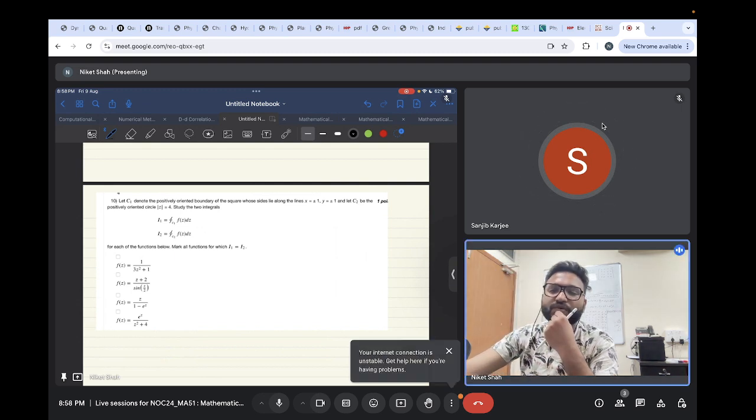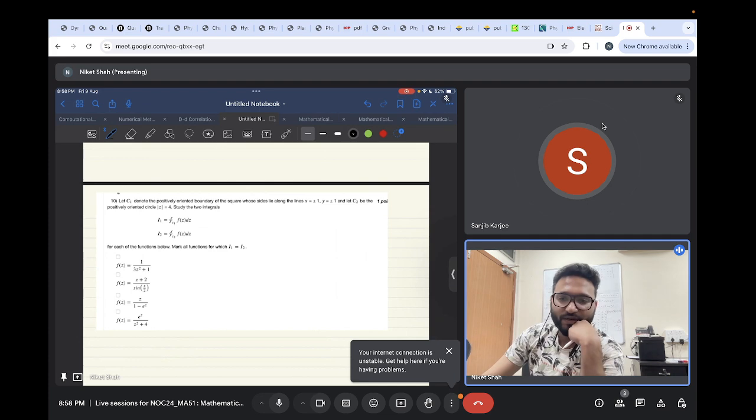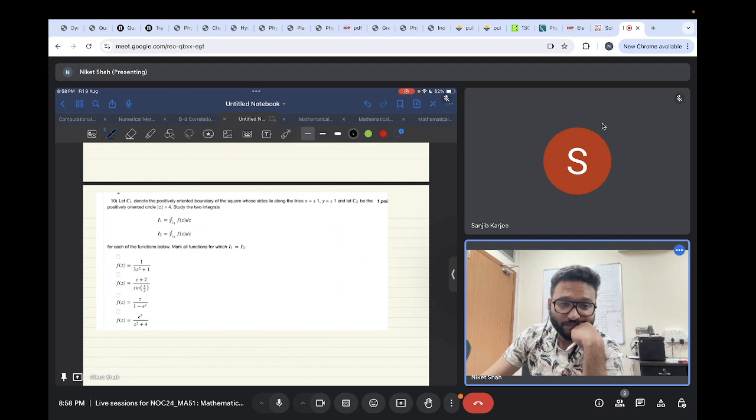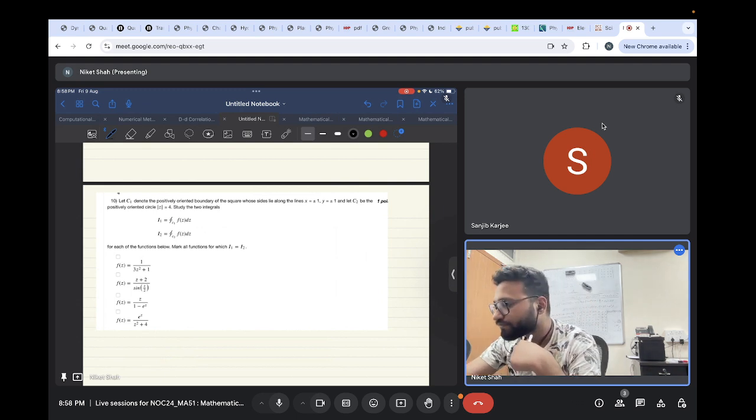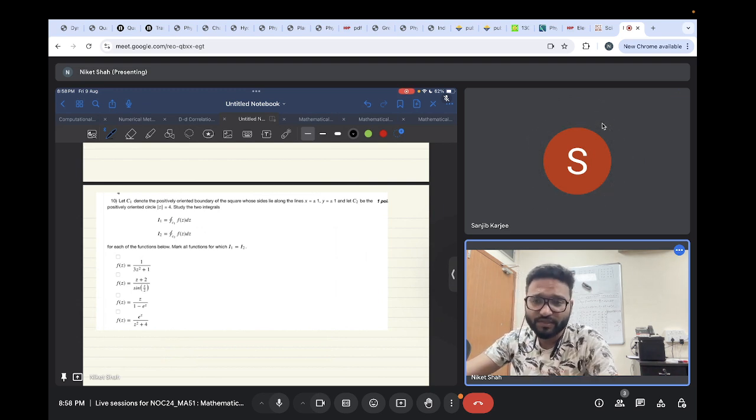Okay. So z plus 2 divided by sine of z by 2. What's the pole here? Sorry? 0, right?